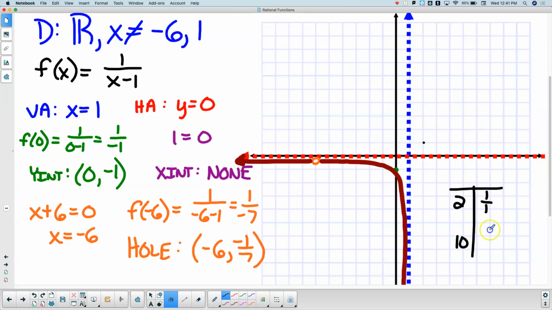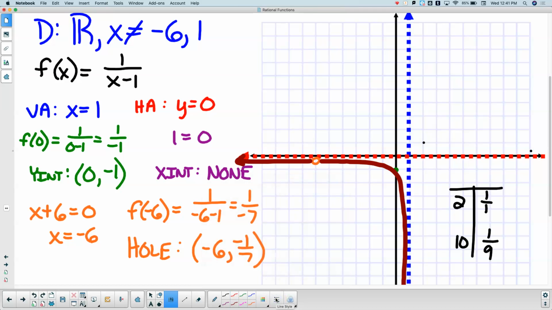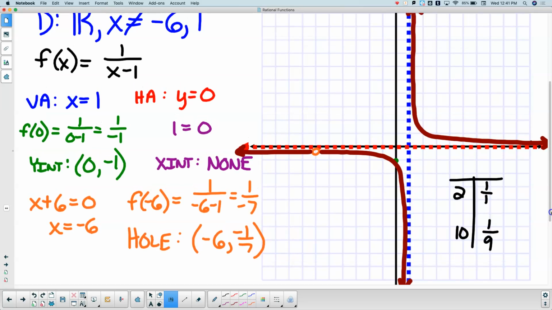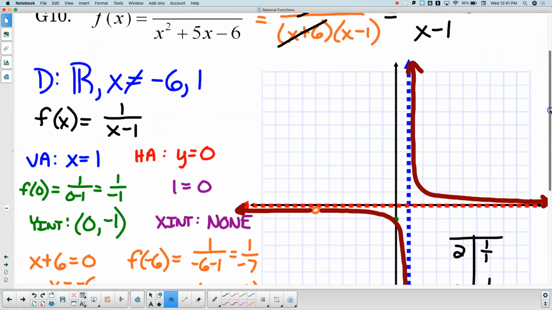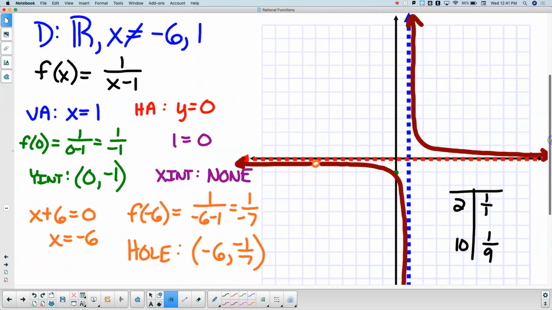If I put 10 in that function, I get 1/9. Did not say we had to do end behavior and asymptotic behavior. Yes? Questions, comments, concerns, clarifications?